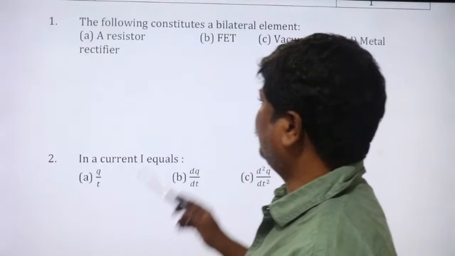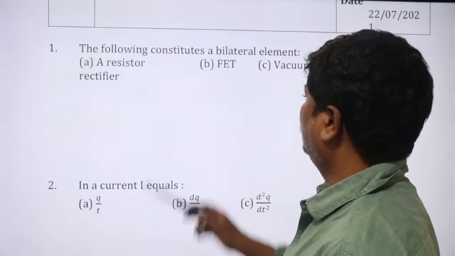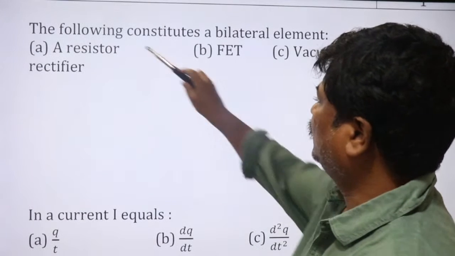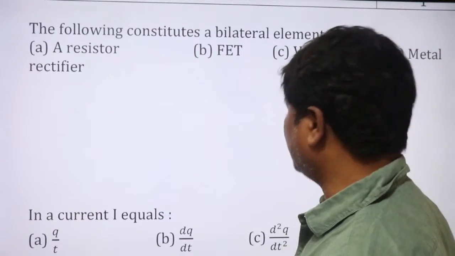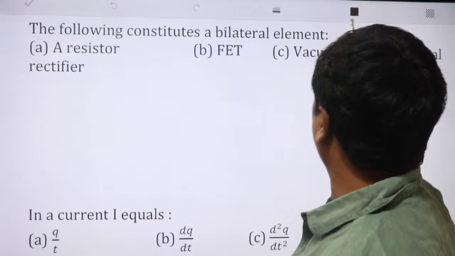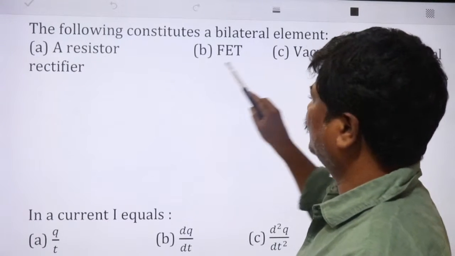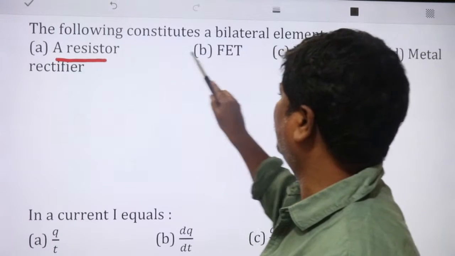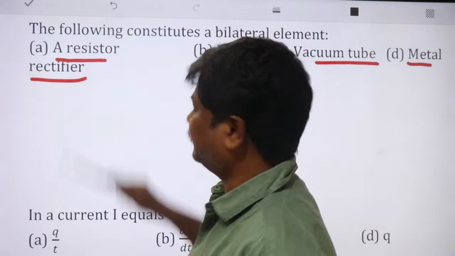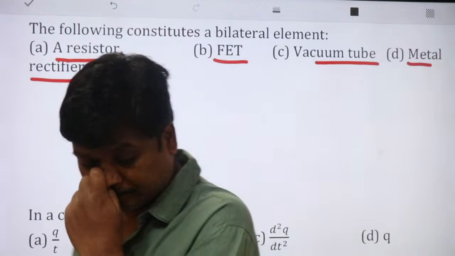Now see the question. First question is: the following constitute a bilateral element. What are the bilateral elements? A resistor, FET, vacuum tube, metal rectifier.